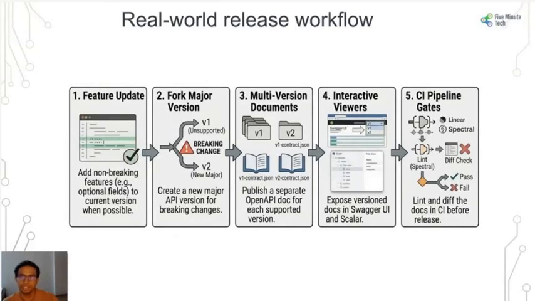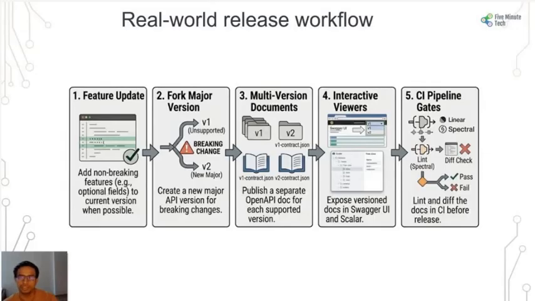Now, real world release workflow: how will it work when you have API versioning in place? If there is a feature update, we add a non-breaking feature, for example an optional field, to the current version when possible. You fork the major version: you create V1, it is unsupported, and the breaking change, that is V2, is the new major. Create a new major API version for the breaking change, and especially we have talked about the major version here, so there is a change in the major version.